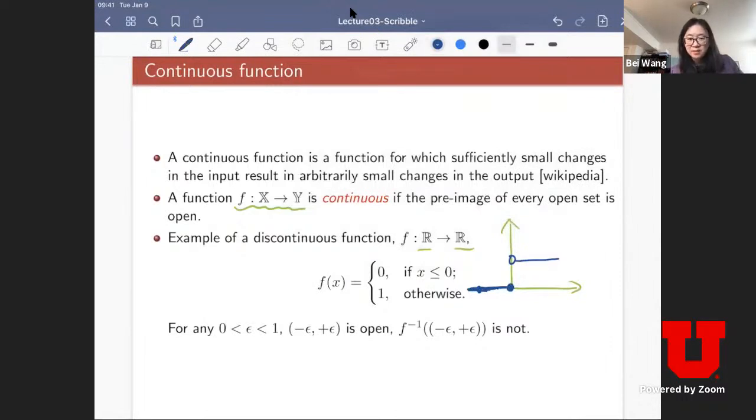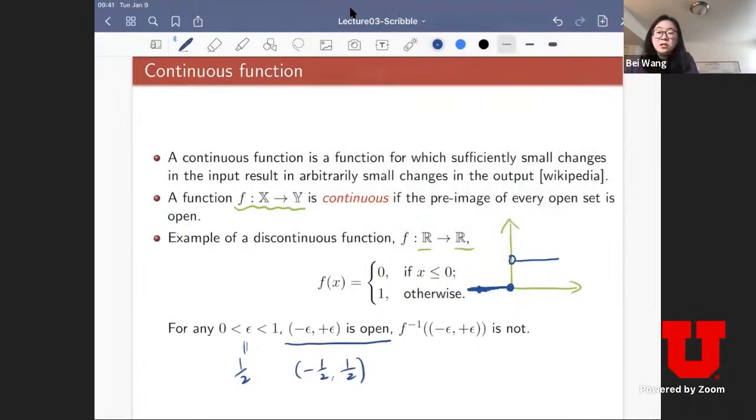But what I'm saying is that this is not a continuous function because the pre-image of an open set is not always open. So for example, in this case, if I choose an epsilon, and let's say epsilon is 1/2, then I'm looking at, remember my range of this function is a real line. So I'm just taking an open interval in the real line, right? This is an open interval, so it's 1 minus 1/2 to 1 plus 1/2.